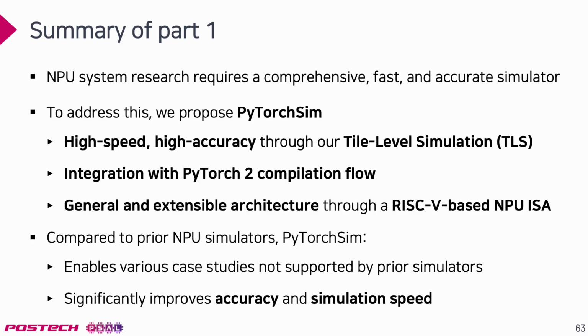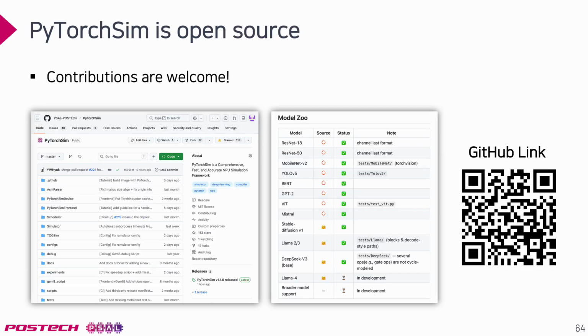And compared to other NPU simulators, we can enable more diverse case studies while improving accuracy and simulation speed. As you know, PyTorchSim is open source. Contributions are welcome. And last night, we updated PyTorchSim to 1.1 with non-trivial changes. So yeah, we are working on improving it, and I hope you can use it for your own research. That is it. Any questions?